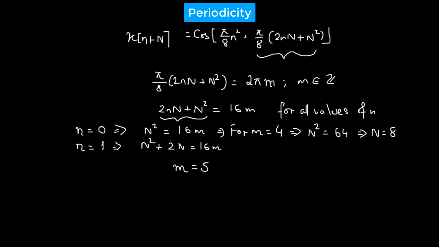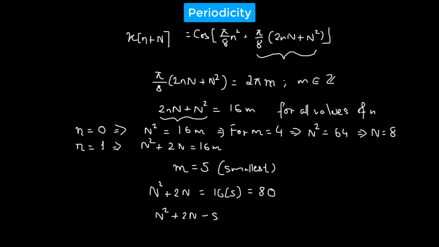If m is equal to 5, this will be the smallest integer value possible. So that gives us N squared plus 2N equals 16 times 5, which is equal to 80. So we have N squared plus 2N minus 80 equals 0.